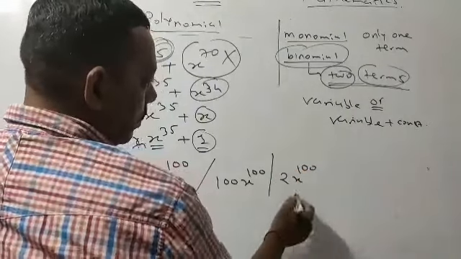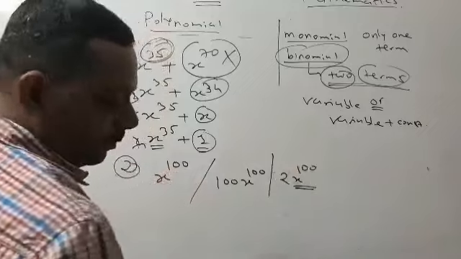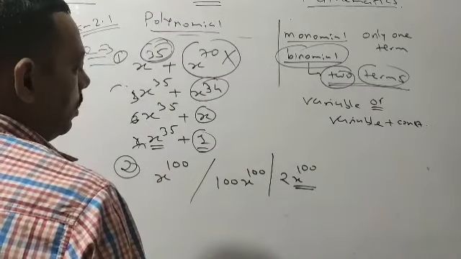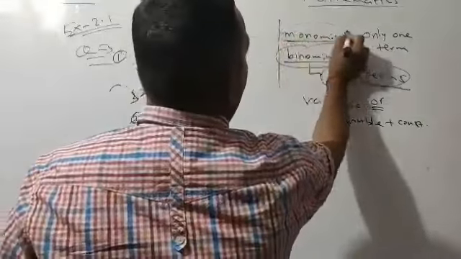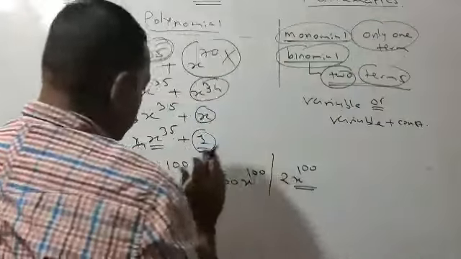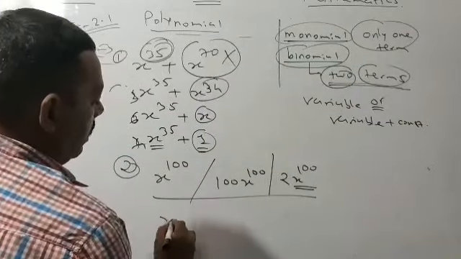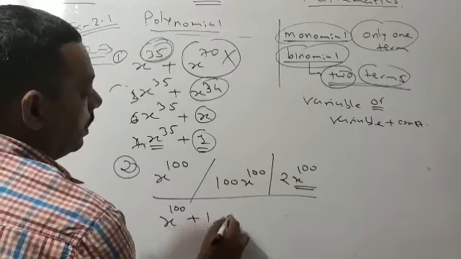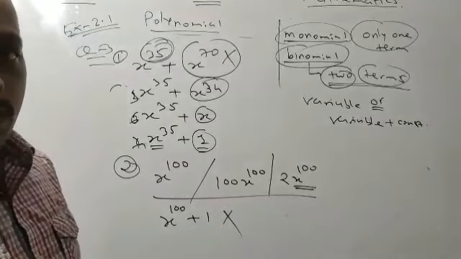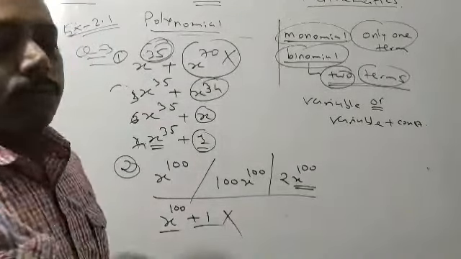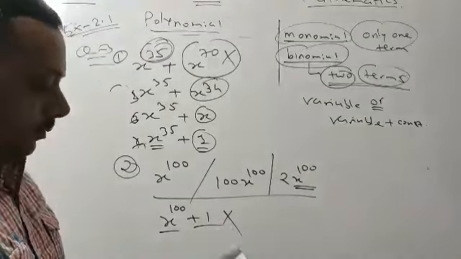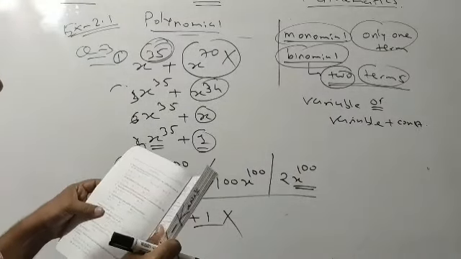You can write any number, but x raised to 100 must be there. Then it is called a monomial, only one term. But suppose instead I write x raised to 100 plus 1, then it is not considered a monomial, as there are two terms. Is this clear? Okay.